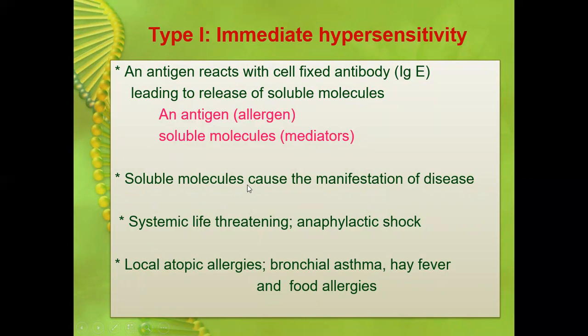The soluble molecules cause the manifestation of disease and systemic life-threatening anaphylactic shock. Anaphylactic shock is the best example for type 1 or immediate hypersensitivity reaction. And local atopic allergies, bronchial asthma, hay fever, and food allergies are the other examples for type 1 hypersensitivity reactions.